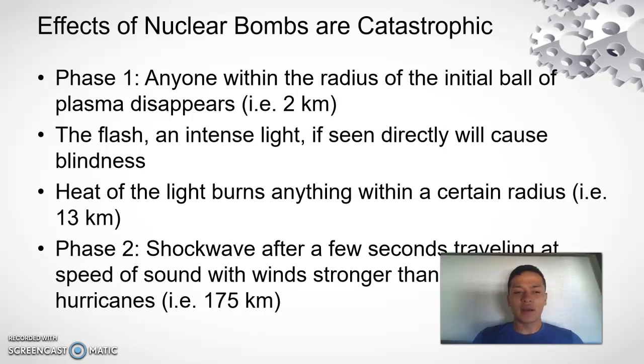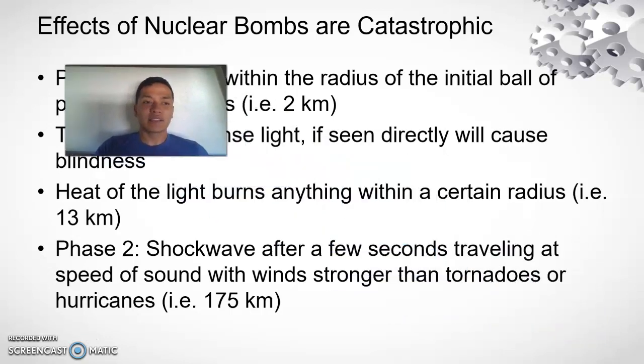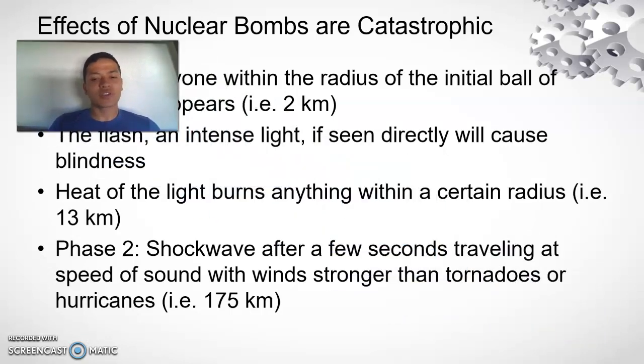I apologize. And this can be a radius of 13 kilometers. And phase two is a shock wave, which travels after the initial explosion at the speed of sound with winds stronger than tornadoes. And this radius of impact can be up to kilometers, as you can see.